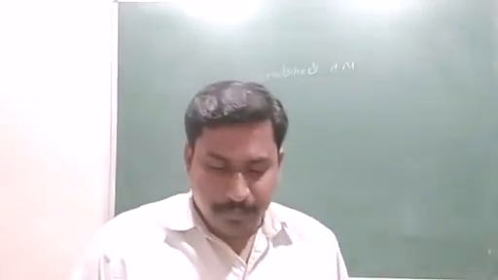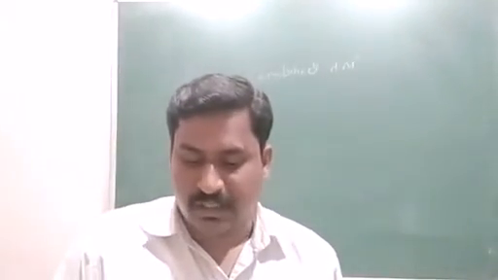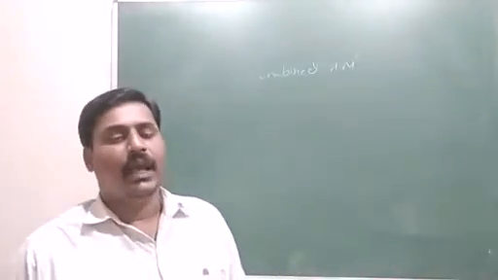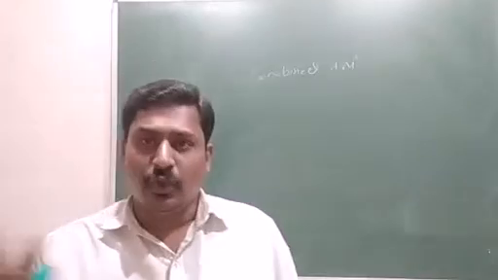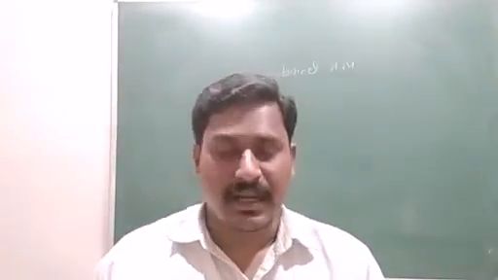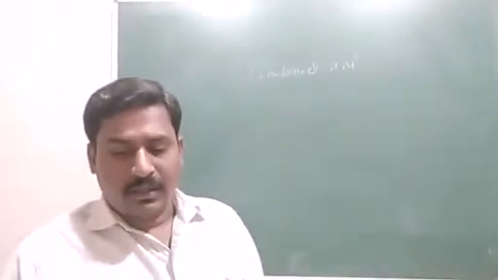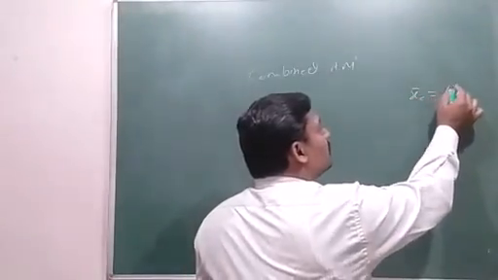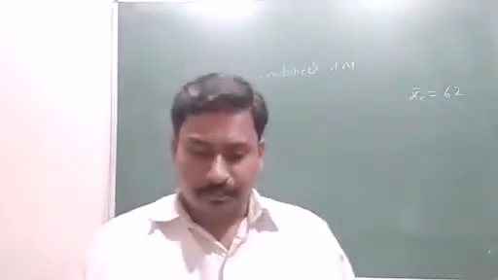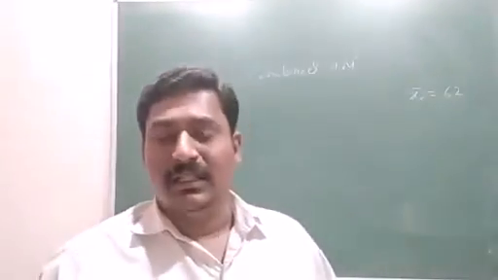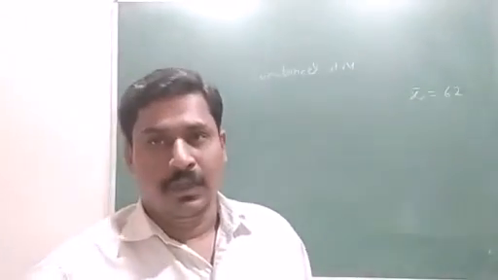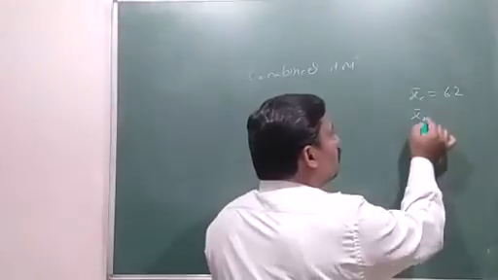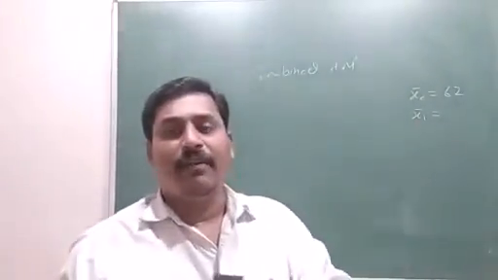The first one: the mean marks of 2 sections A and B of a class is 62. So here they have given the combined arithmetic mean of the 2 sections, A and B, so x bar c is equal to 62. Then the mean marks of students in section A is 70; we name it x bar 1, equal to 70 marks.